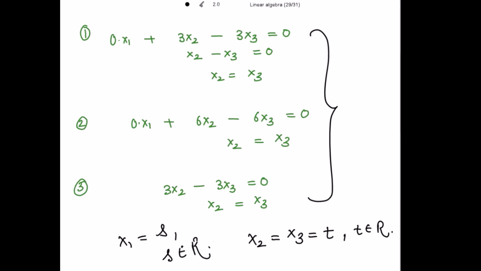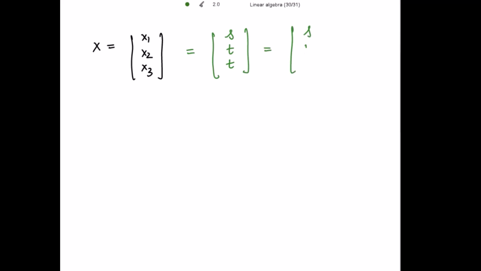Right? And now we are writing the eigenvector. The eigenvector x is equal to x1, x2, x3, and this is equal to, what is x1? We have taken this to be s, and x2 and x3 both are equal to t, right? We can write this vector further as (s, 0, 0) plus (0, t, t).